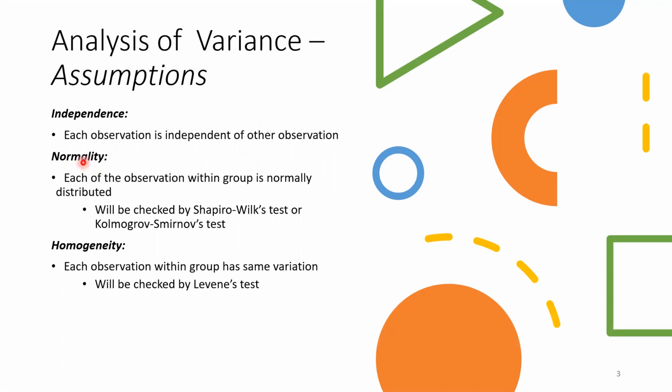Then one more assumption is normality. Because our outcome variable is a continuous variable, we have to check the normality of that variable within each group.